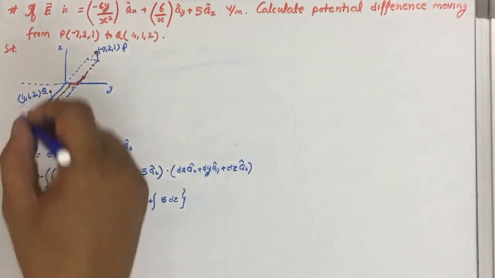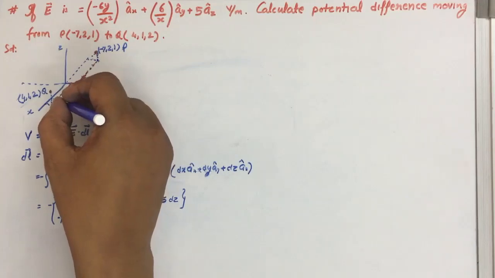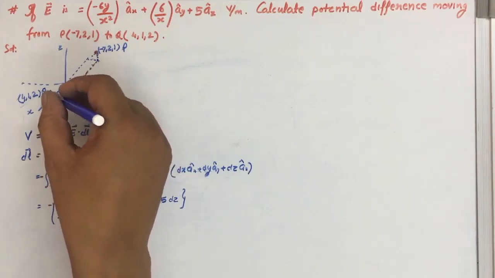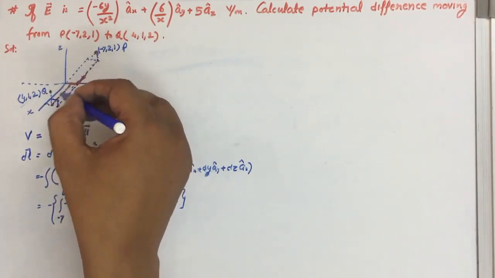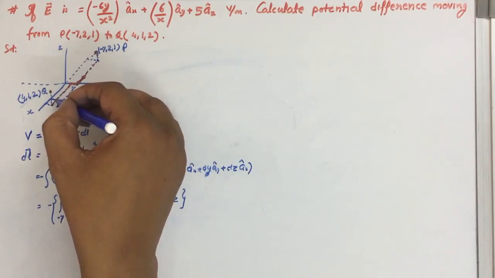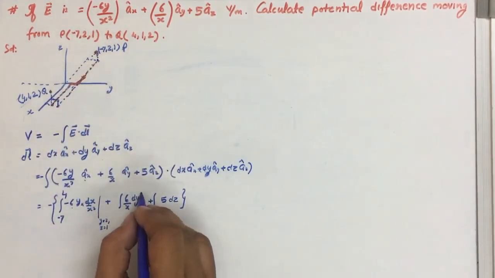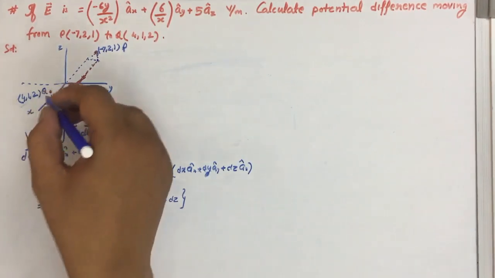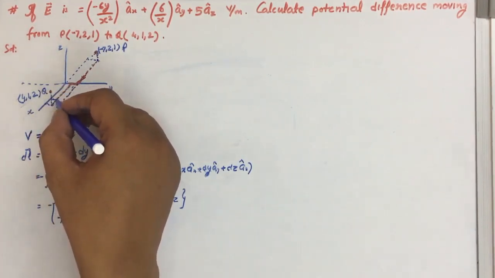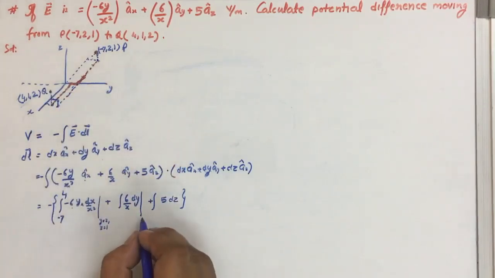And from this point we have to reach the next point to find dl. First we moved in this direction, then we will move in this direction, then in this direction. When y is changing, only the y coordinate changes and x remains the same.